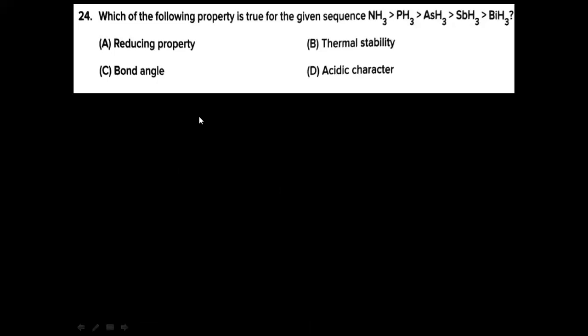24. Which of the following property is true for the given sequence? NH3 greater than PH3 greater than AsH3 greater than SbH3 greater than BiH3.